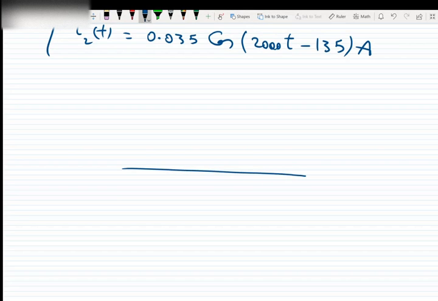In order to sketch the phasor diagram, we just draw the complex number plane. So we have real parts here and imaginary part in the vertical axis, which is j.